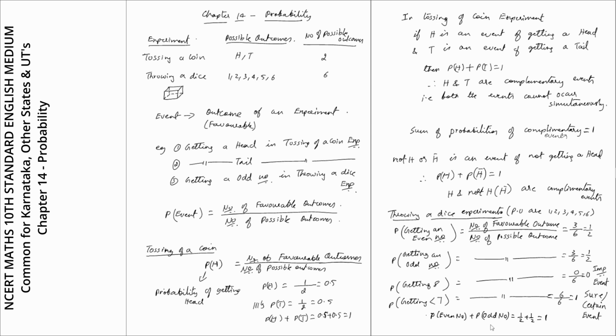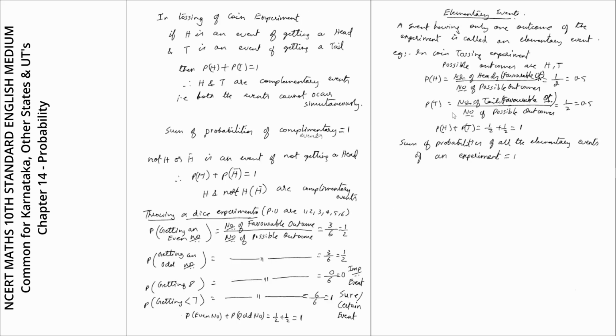Whenever we get an odd number, we don't get an even number, and whenever we get an even number, we won't get an odd number. That's why the event of getting an odd number and the event of getting an even number are complementary in a dice throwing experiment.